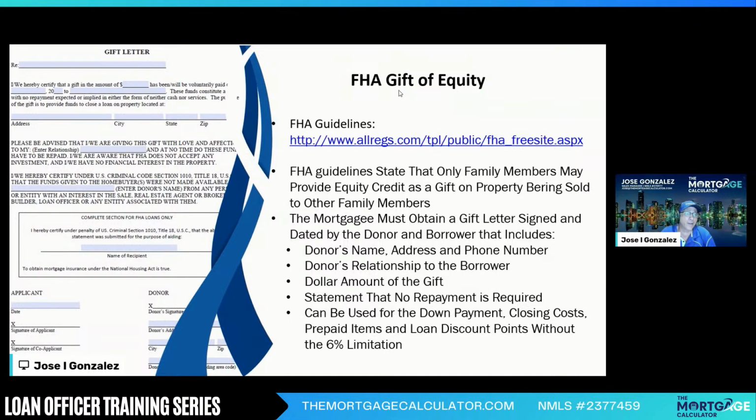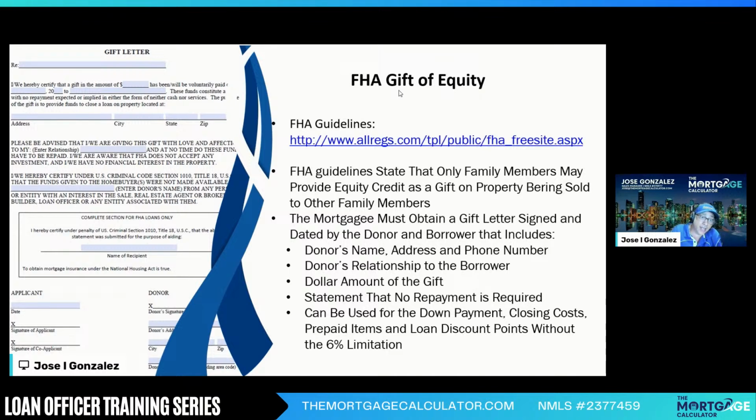Now, beware when you are helping the borrower structure their deal that just like any other gift, the gift of equity has to be documented with a gift letter. I just mentioned that there. It has to be noted clearly on the contract.